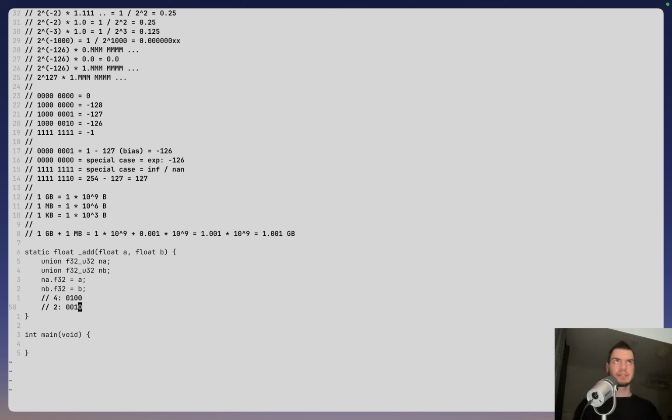So if we shift one of the values to the right, we have to account for that by incrementing the exponent by 1. Each bit shift to the right means that we have to increase our exponent by 1 to still have the same number.